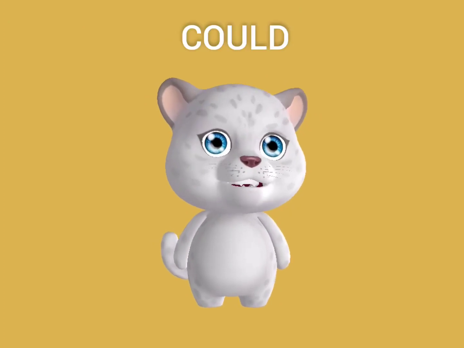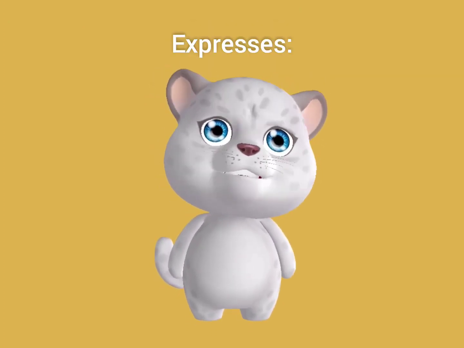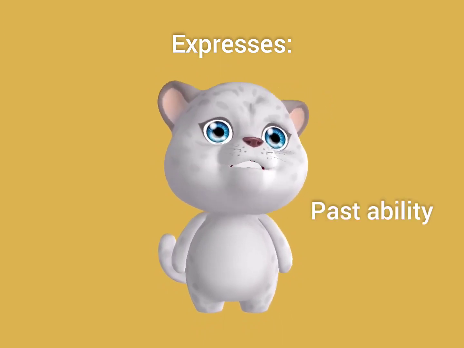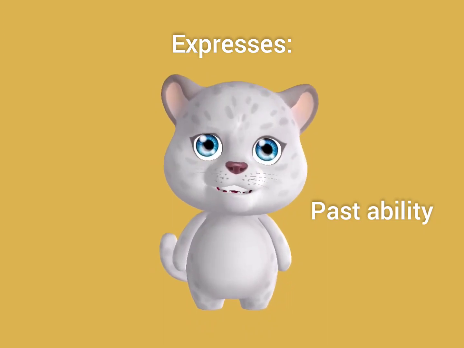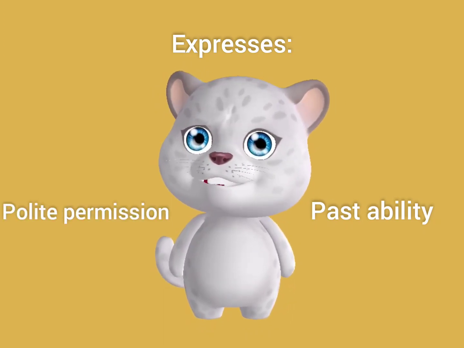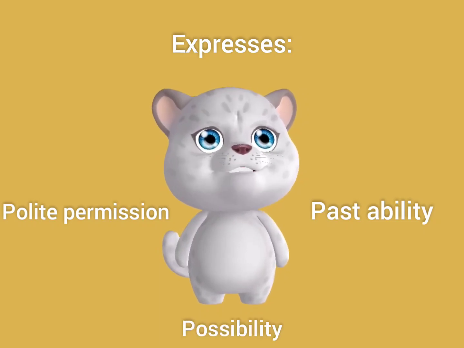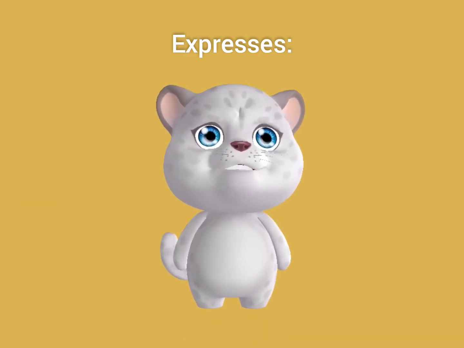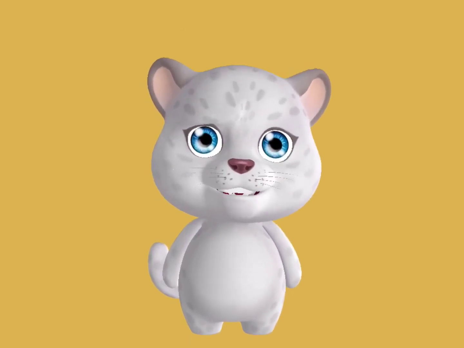Past ability, right? Next one is polite permission and possibility as well, like can. Could is a past tense of can. Okay? So the example for the past ability is: when I was younger, I could run fast.